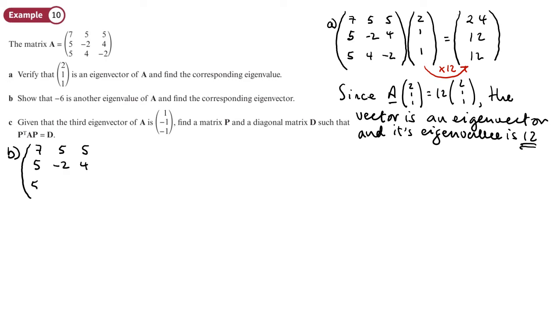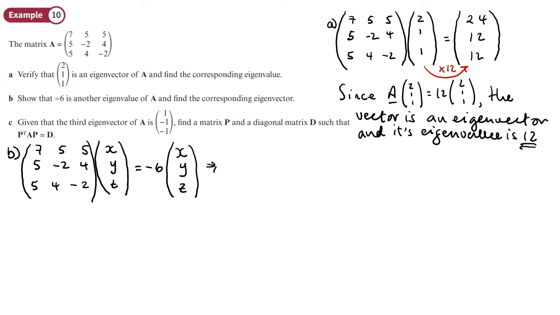So we just write down the same thing, but this time the unknown will be this vector, which we'll call x, y, z. But what we do know is that it's a scaling of -6. So this is where we just write our equations and solve them. We'll have 3 sets of equations.